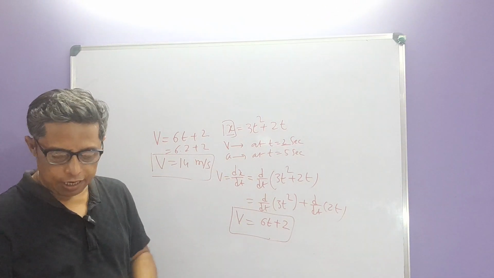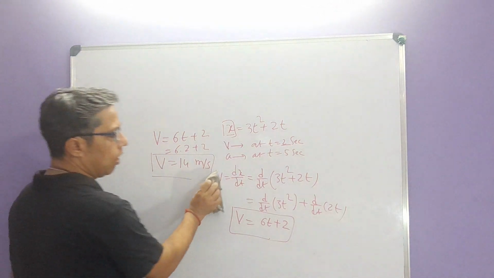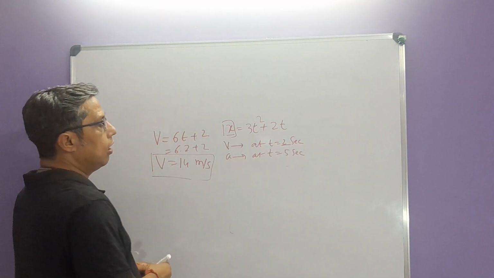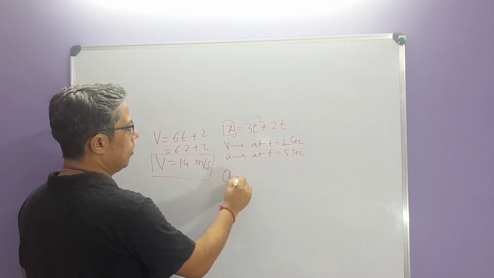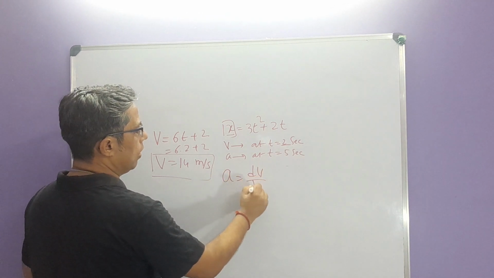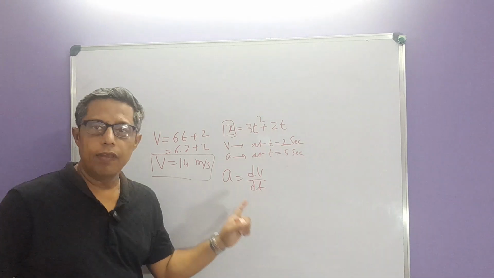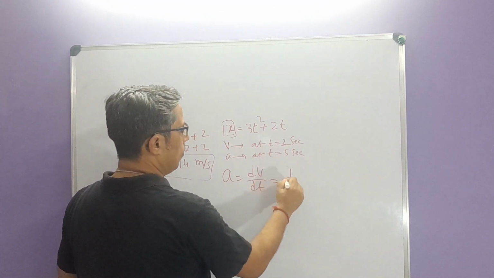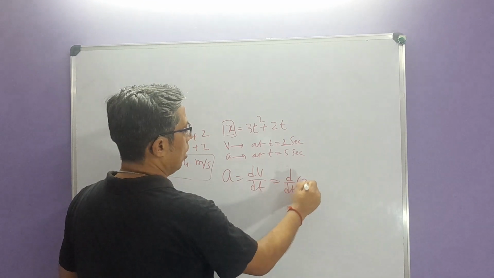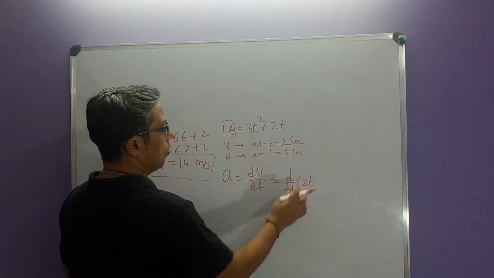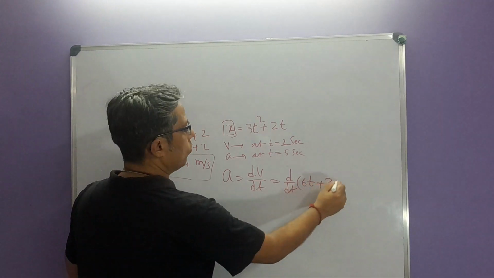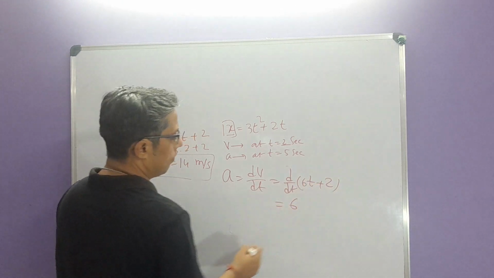Now what will be the acceleration? Acceleration means I will do dv/dt. A is equal to dv/dt, the rate of change of velocity with respect to time. So it will be d/dt of 6t plus 2, which gives 6.